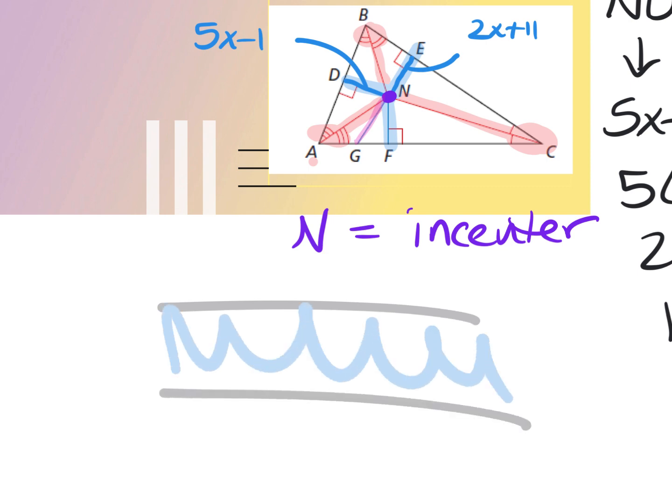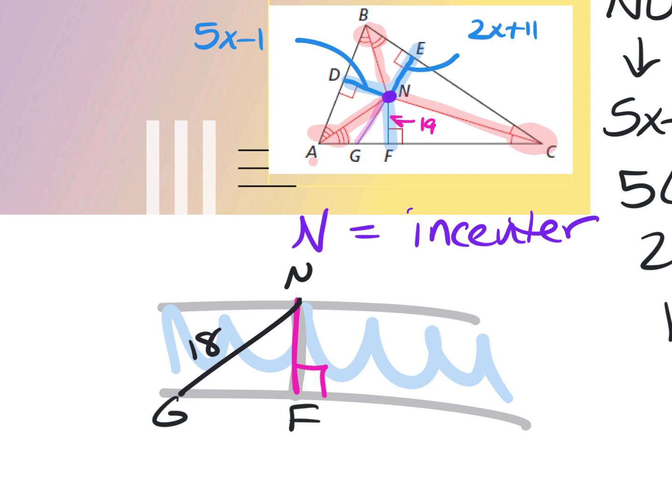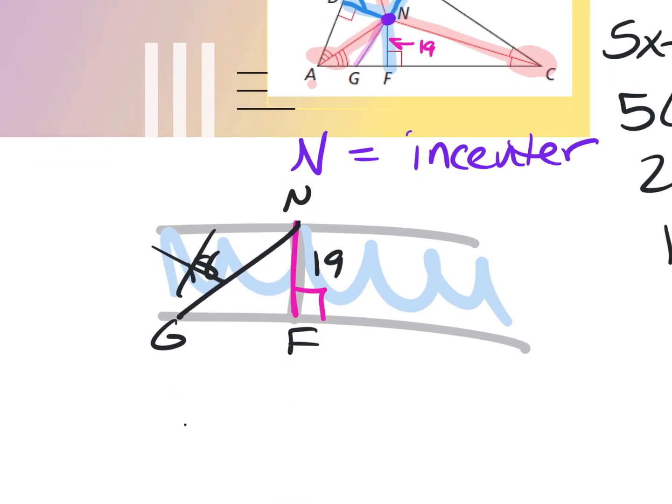And if I want to swim across this river, the shortest distance is the perpendicular segment. And I already know the length of this one. It's 19. So there's no way a segment drawn this way, this NG, can be shorter than NF. So NG cannot equal 18 because NF is already the shortest distance.